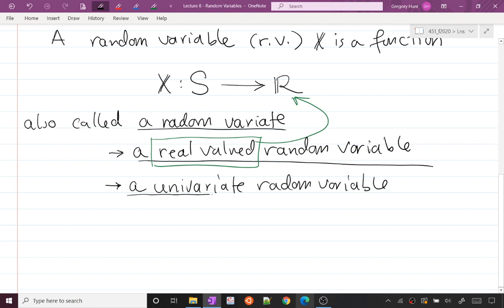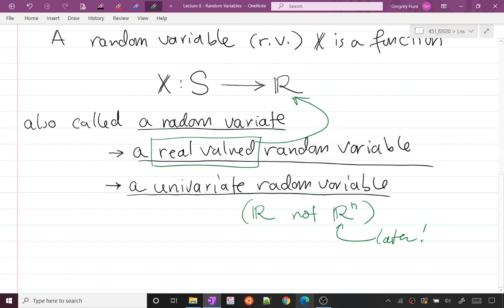And this will come up much later in the course. This refers to the fact that we're outputting a real number in R, and we're not outputting a number in, say, Rn. Later in the course, we'll work with what are called multivariate random variables, where we output in Rn with multiple outputs.